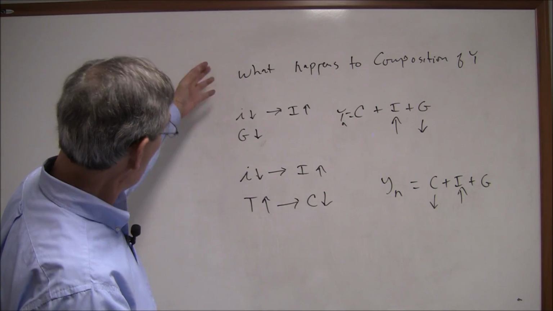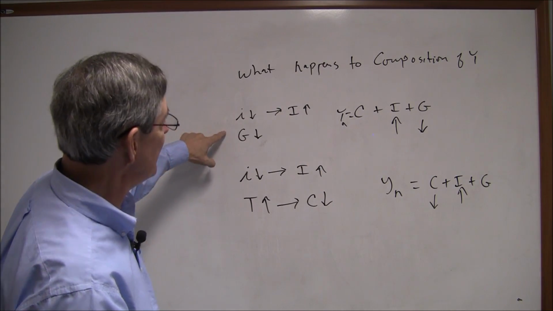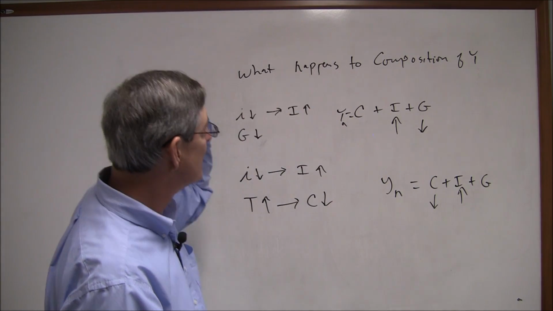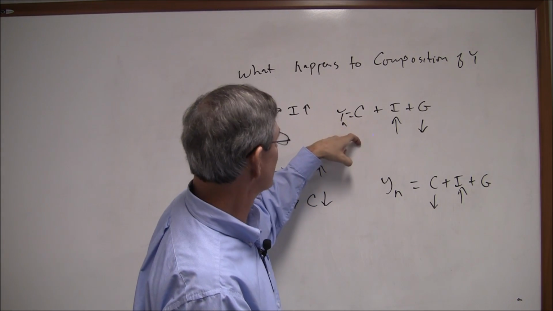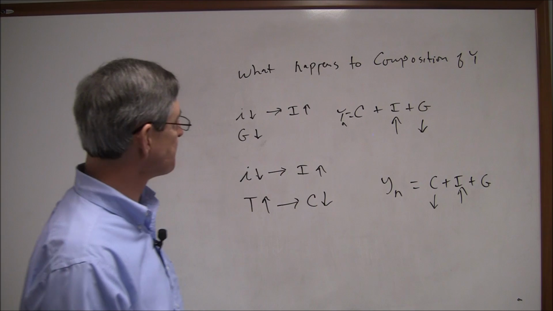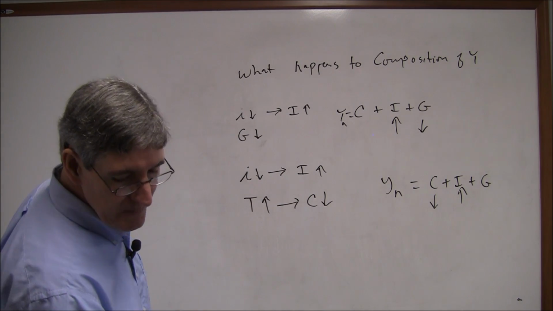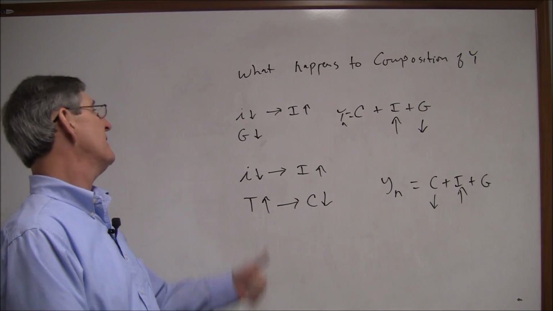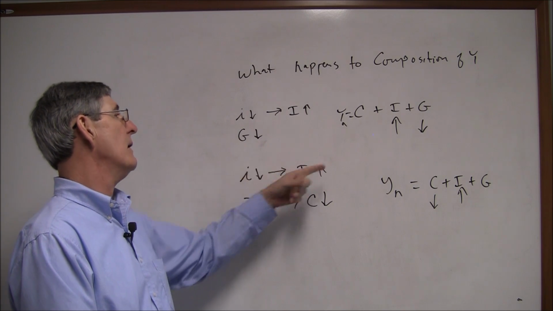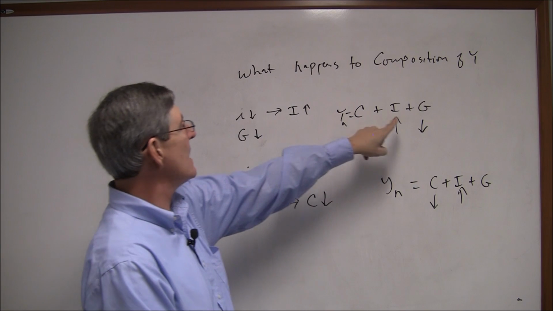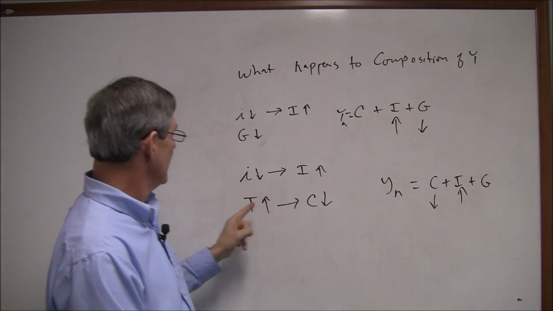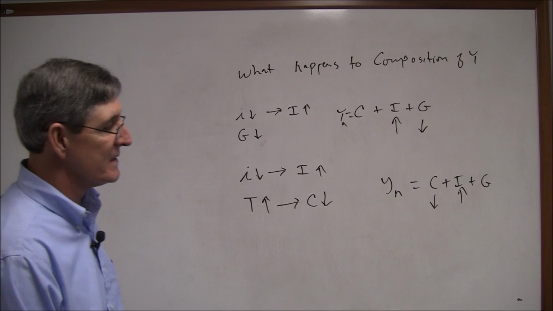And if you did both, T and G, it's going to be some combination. G would go down, C would go down, and I would go up. So depending on which policy you choose, investment's going to go up in this case no matter what. But whether you pay for the extra investment by reducing consumption or reducing government spending depends on which choice you make about fiscal policy.